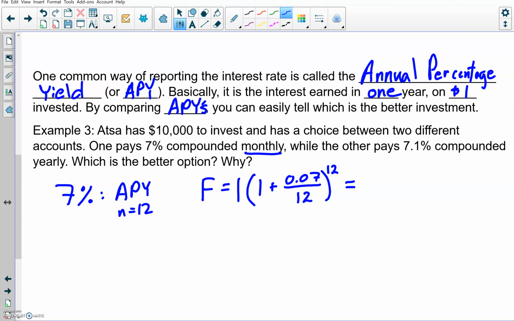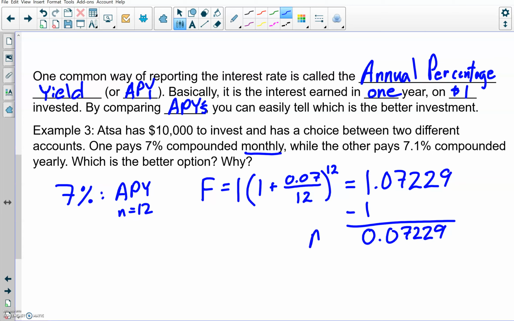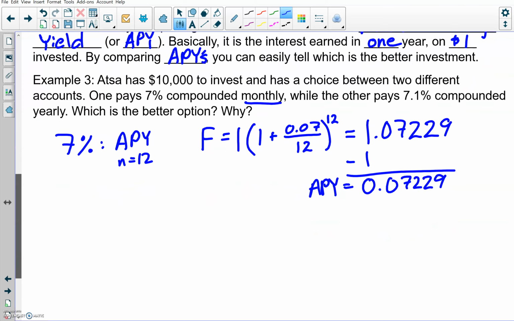And here you get 1.07229. And if you subtract away the original dollar that's included in this future value, then you see that your APY is equal to 0.07229. So actually a little higher than that stated APR because of the compounding.